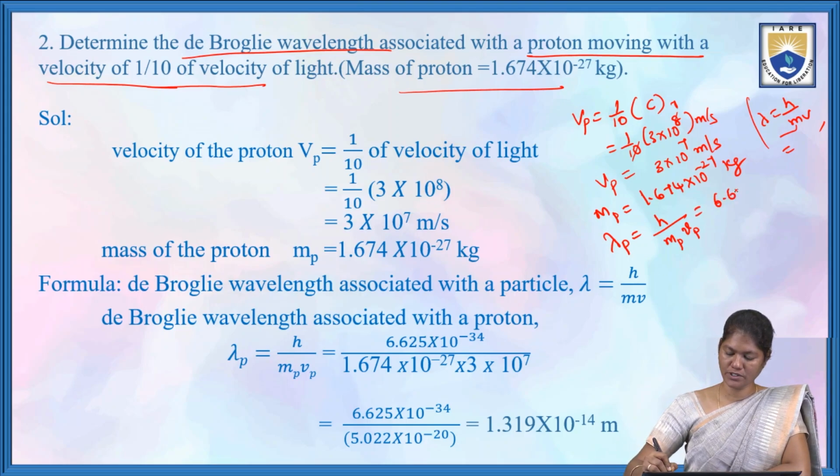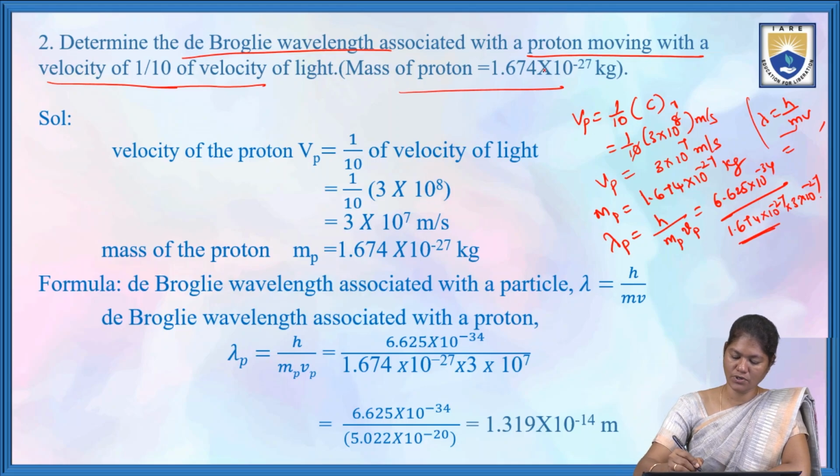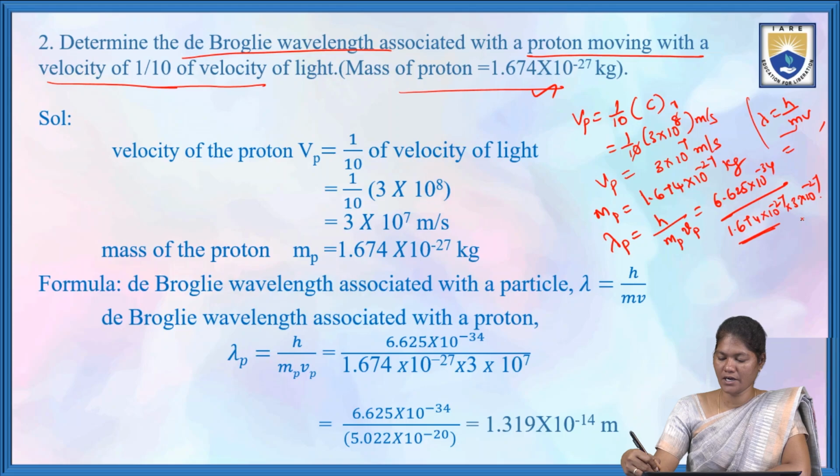Substituting 6.625 into 10 power minus 34 divided by 1.674 into 10 power minus 27 into 3 into 10 power 7. The proton mass is 1.674 into 10 power minus 27, and the velocity of the proton is 3 into 10 power 7 meters per second.